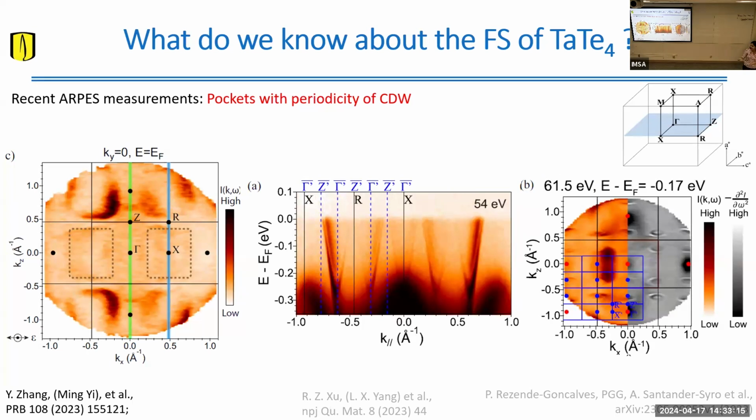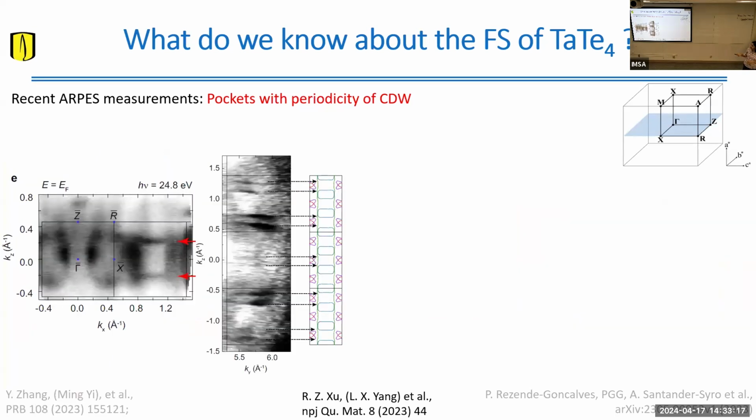So that's the first thing that we needed. This other work also identifies this kind of spectral weight here in the regions where Mingyi sees these small pockets. And they also see the periodicity of the charge density wave for these compounds.